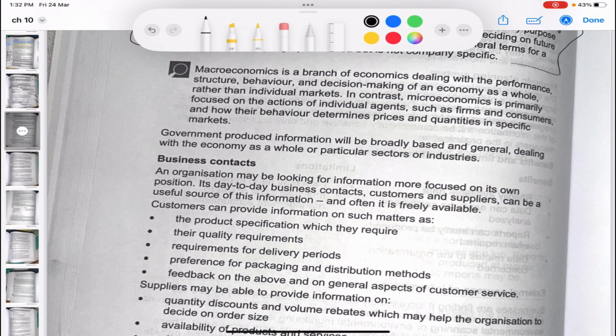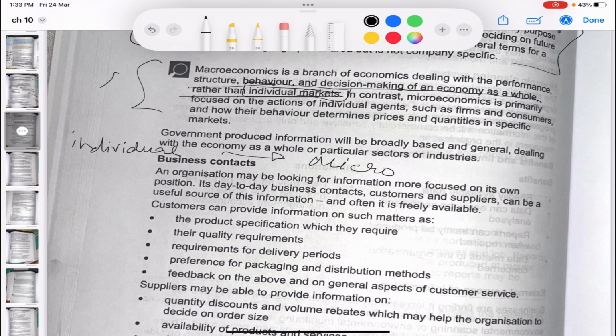Let's read this. Macroeconomics is a branch of economics dealing with the performance, structure, behavior, and decision making of an economy as a whole. When we spoke about individual markets, individual always refers to the micro aspect, and now we are going to see the aggregate, the total, which we refer to as macro.